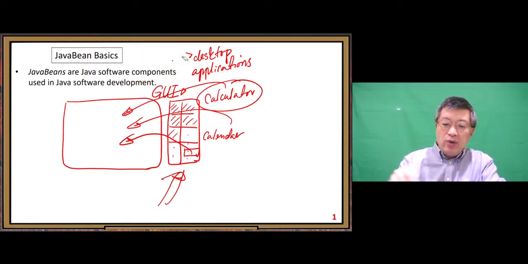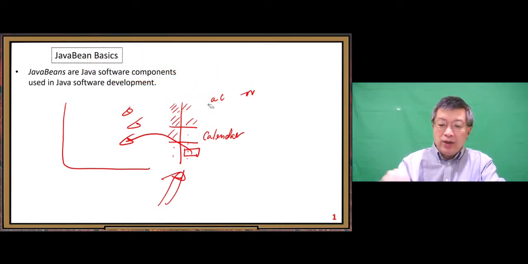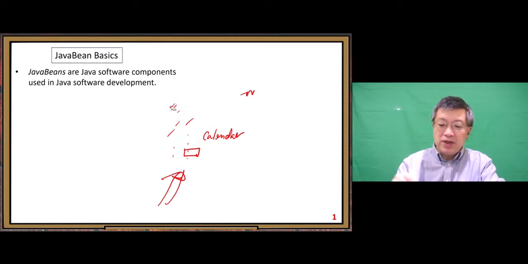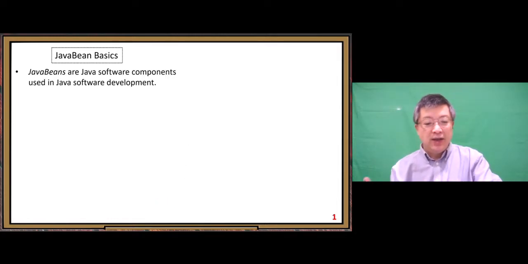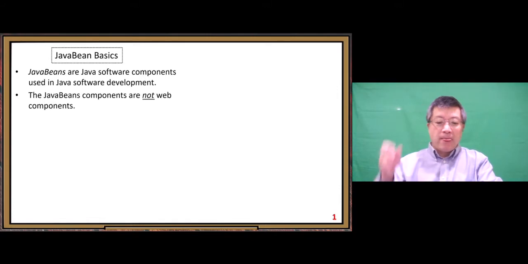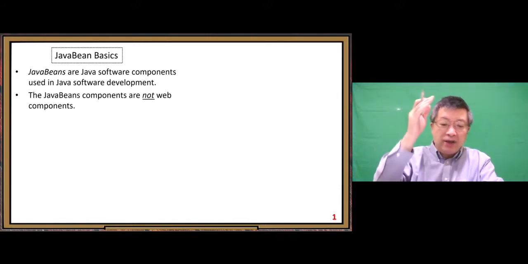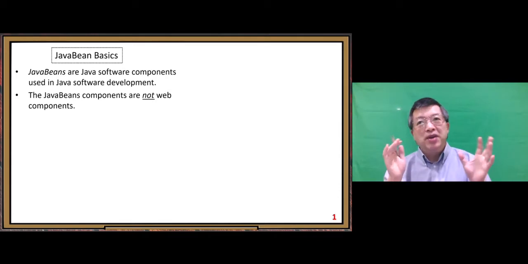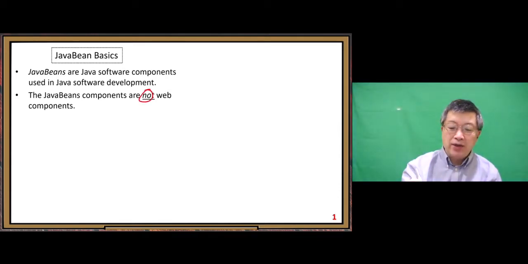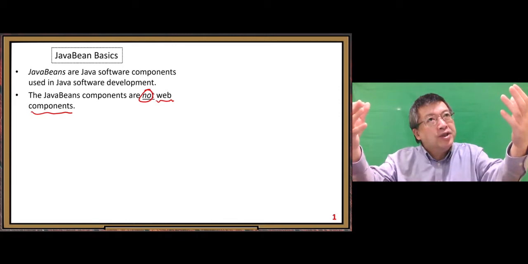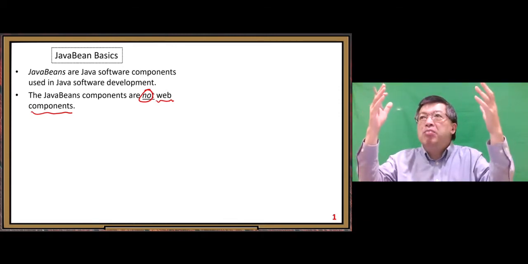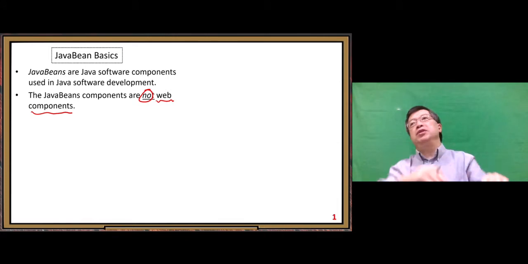With that background, now when we talk about JavaBeans, a lot of things you can understand naturally. All right. Next, JavaBean components are not web components. Let me explain, why not web components? Because we use JavaBean components in our web applications, but we do not treat JavaBean components as web components.